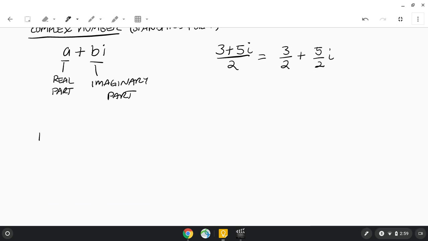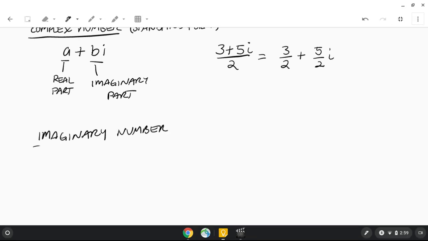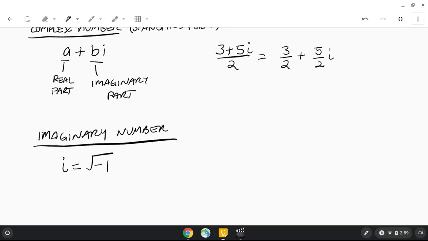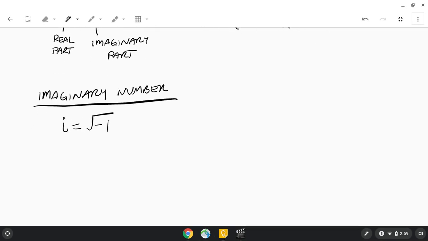And imaginary numbers, that would be i. And we know that i is equal to the square root of -1. Okay. And if I square both sides, then I get i squared on the left, and I get -1 on the right.